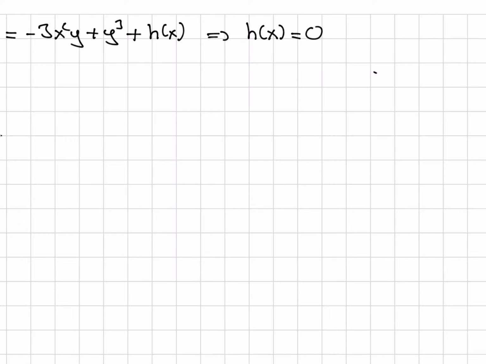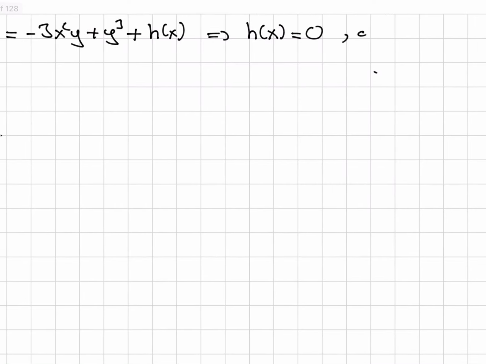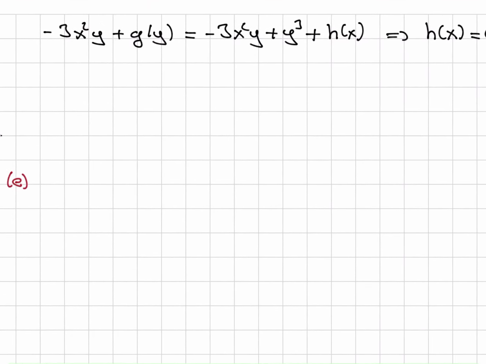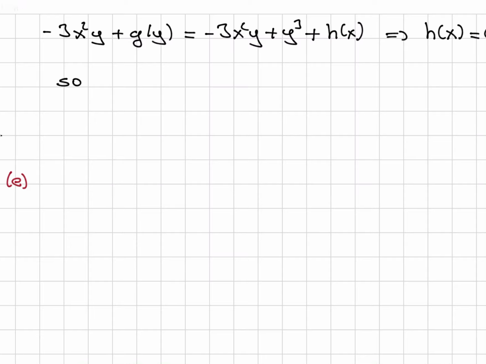There is no h of x, and there is a g of y, which is y cubed. So we can read our function now, f of xy. So f of xy is equal to minus 3x squared y plus y cubed.